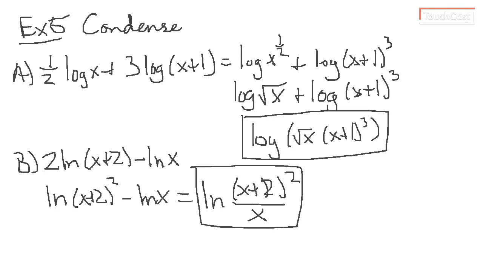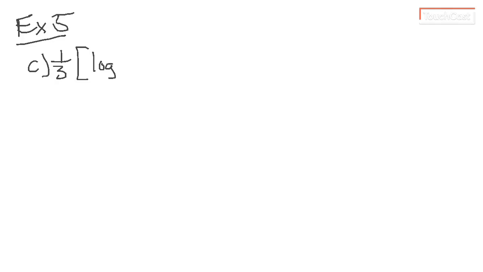Let's do one more example and then we can call this lesson good. So example 5c, we're still going to condense this down. We're going to look at 1/3 times the log with the base of 2 of x plus the log base 2 of x plus 1.